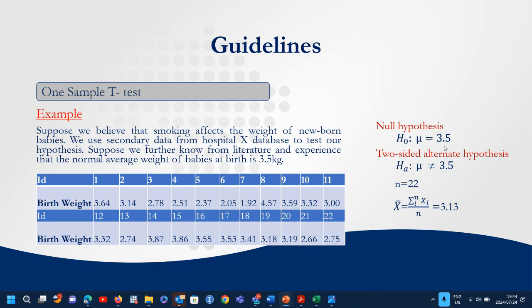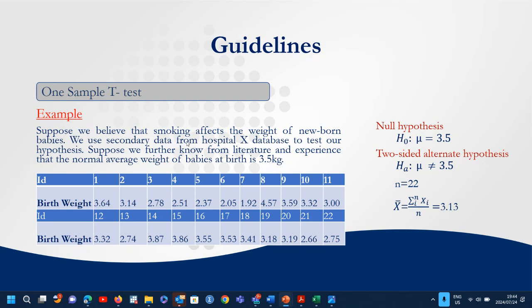Then you take your data to see if the sample average differs significantly from this, whether you're going to reject the null hypothesis or not. Then you do a one sample t-test. Here, it's just to assist you to say it's one group.